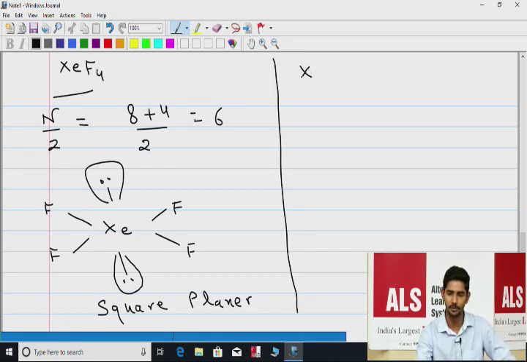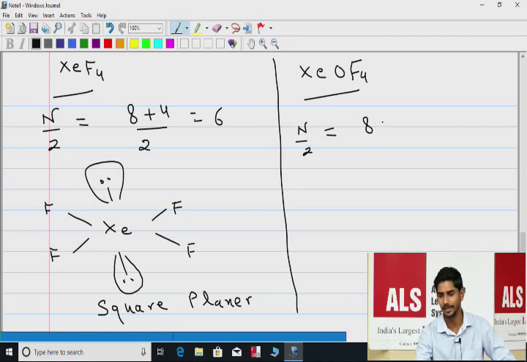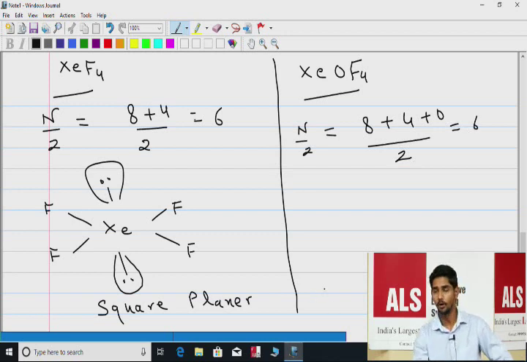Let's say suppose we have got XeOF4. Again calculate n by 2. Central atom is xenon again, so I'll use the valence electrons, plus 4 plus 0 by 2. I have already told you that whenever oxygen is not the central atom, we can't use it in the n by 2 calculation.